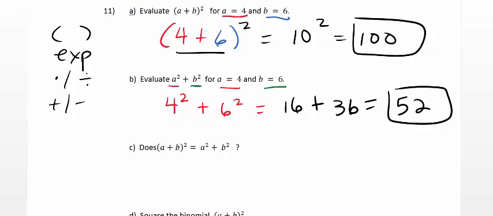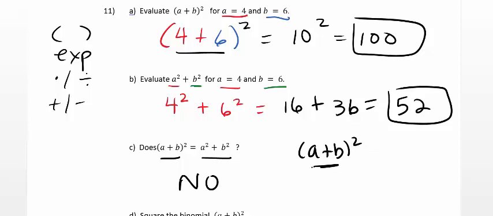So my question here is, does a plus b all squared equal a squared plus b squared? And the answer is no, because look, we didn't get the same answers when we evaluated for a being 4 and b being 6. So this is one of those common mistakes that I see students make all the time, where they want to distribute the square inside of the parentheses, but that can't happen when we have a plus inside or a minus. Again, only products and quotients can you square everything inside.